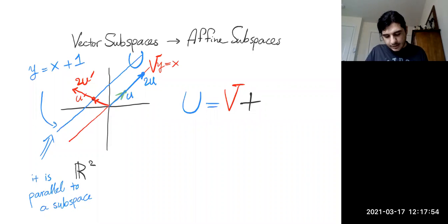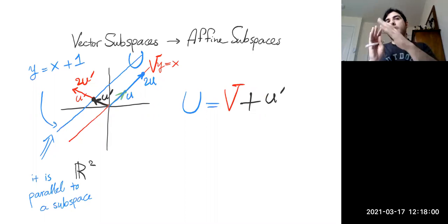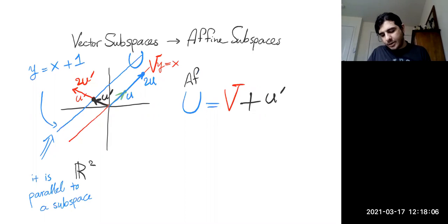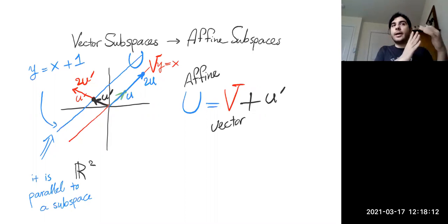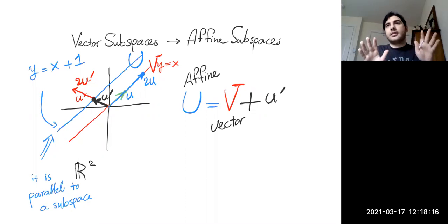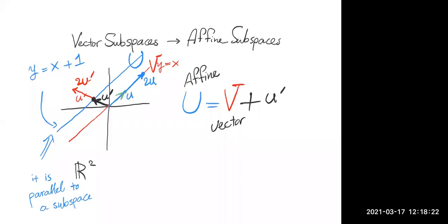If you look at this vector here, u prime, if we add this vector u prime to all this space V, it moves V to U. So affine subspaces are equal to vector subspaces plus a vector. We move them, right? So these things are called affine subspaces. So the point is, what about addition?